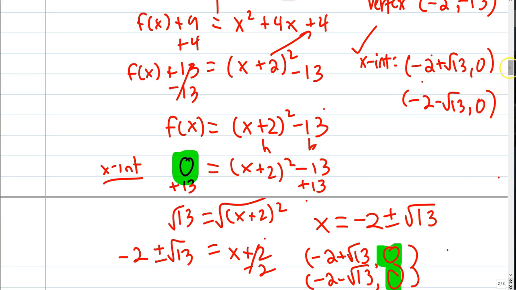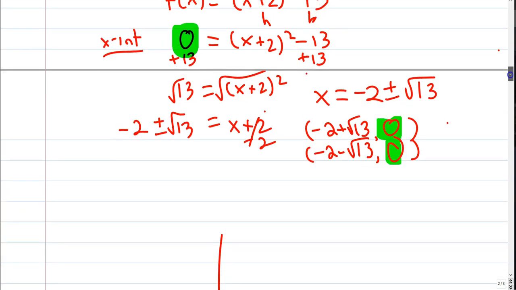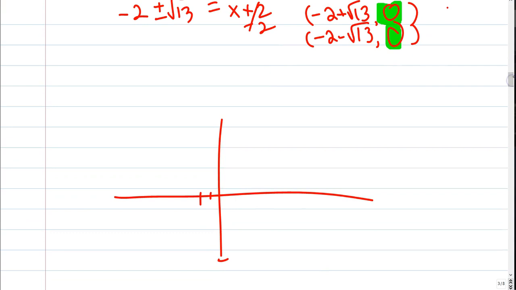So what should this graph look like? Well, it had a vertex at negative 2, negative 13. Negative 2, negative 1, 2, 3, 4, 5, 6, 7, 8, 9, 10, 11, 12, 13. And opening upward. The a was positive. Well, where does it cross?